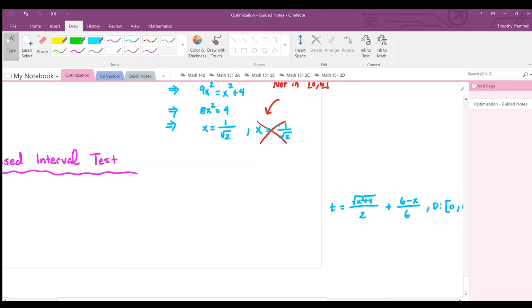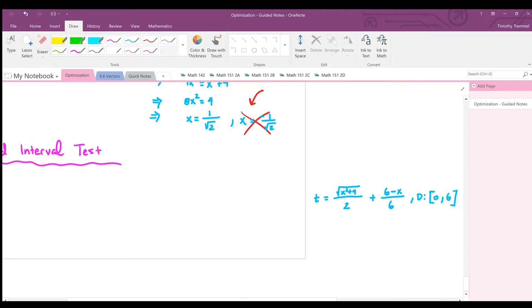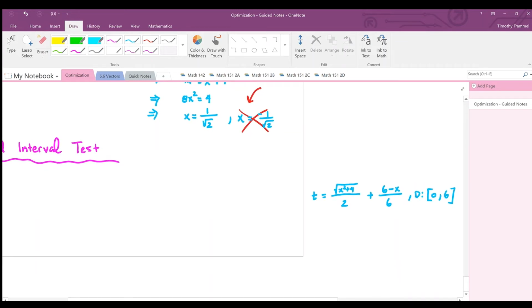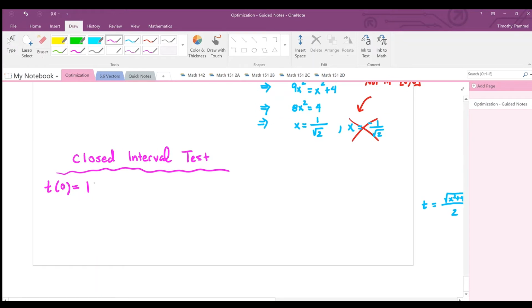And then plus, and here again, we're plugging in 0, so that's going to be 6 over 6. So this is then plus 1, and so this is just equal to 2. And if we include units here, this would be hours.